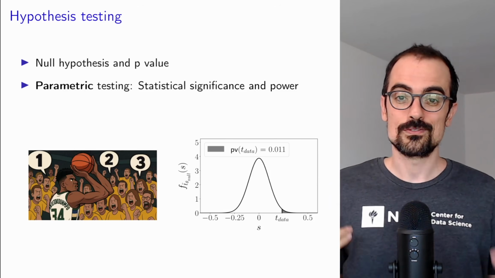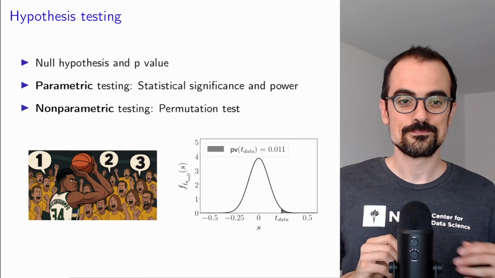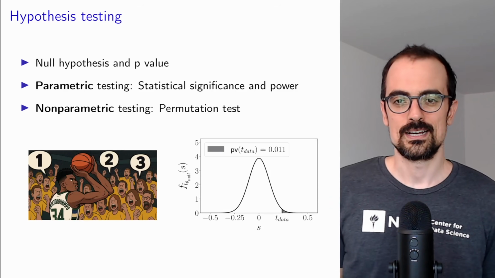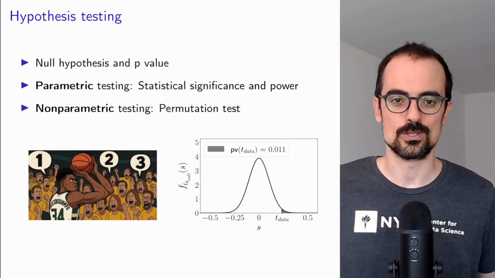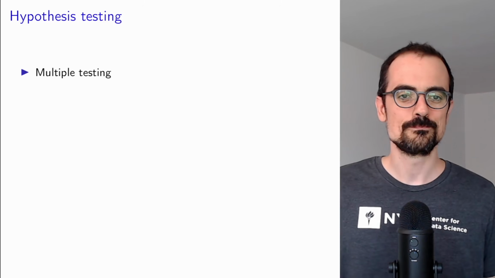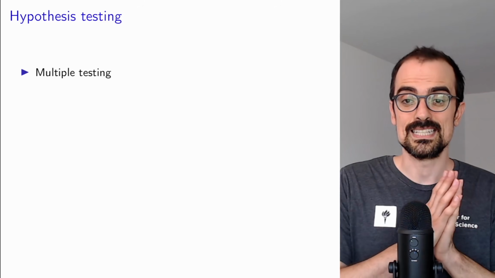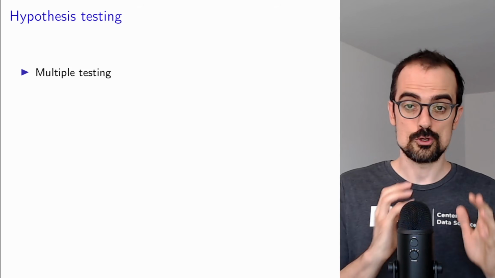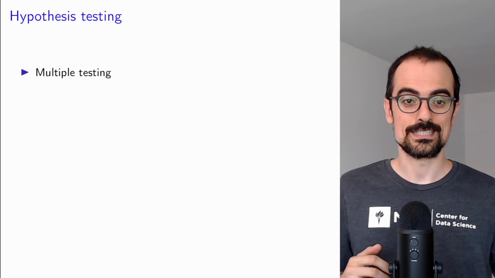Surprisingly, you can also do all of this without a parametric model, and that's called non-parametric testing, and one of the most popular models for this is called the permutation test, which we also apply to the example with Giannis Antetokounmpo.